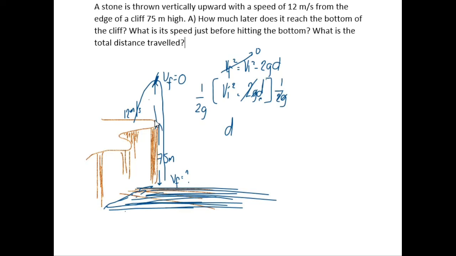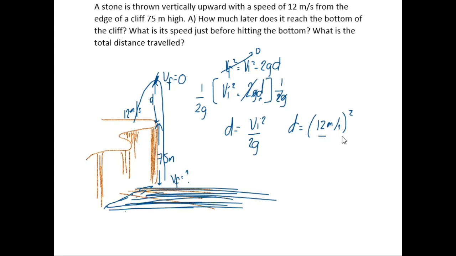We are looking for that distance. So distance is equal to Vi squared over 2g. Since we're given Vi and we know g, we simply substitute and we will get the distance. So let's continue to solve. We have distance equals Vi squared, where Vi is 12 meters per second.